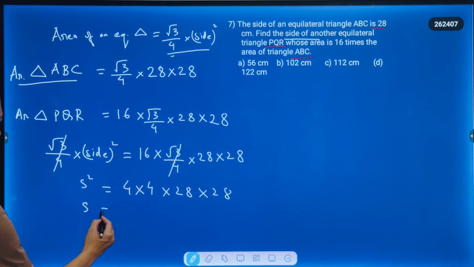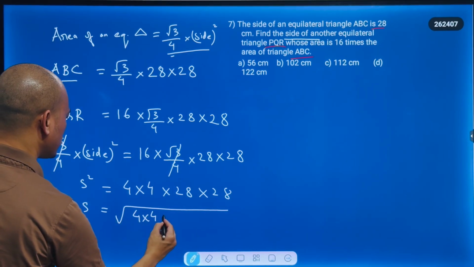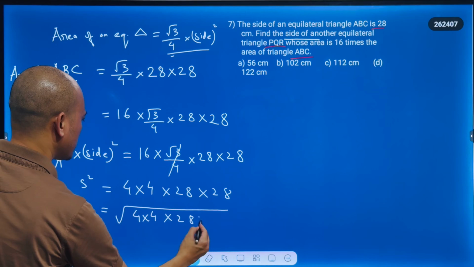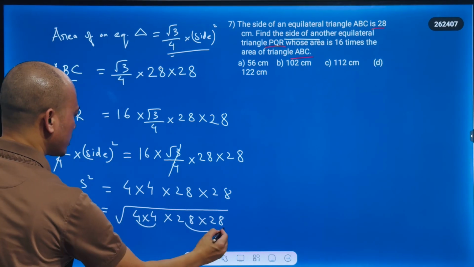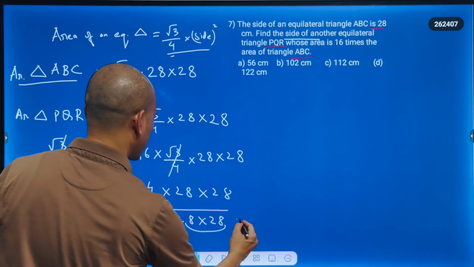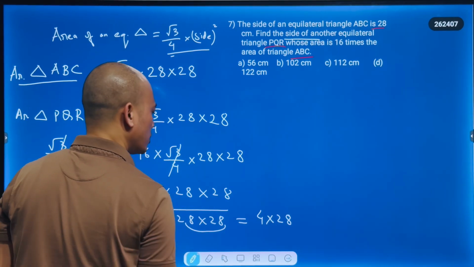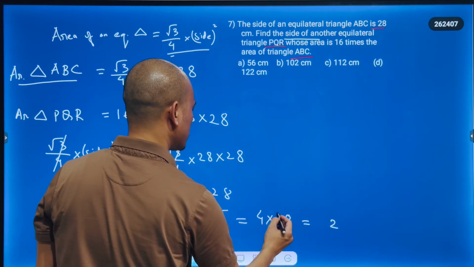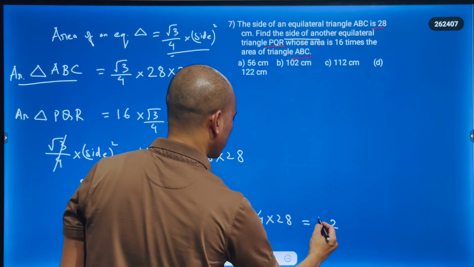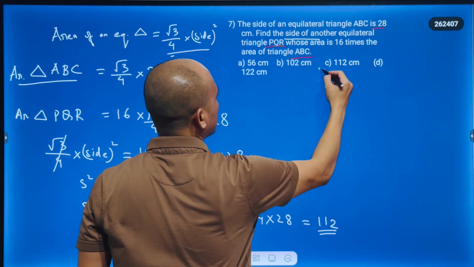So s is equal to square root of 4 into 4 into 28 into 28. This forms a pair, this forms a pair, so straight away we can write the answer as 4 into 28, which is equal to 4 8s are 32, 4 2s are 8, 8 plus 3 is 11, 112. 112 is the correct option here.